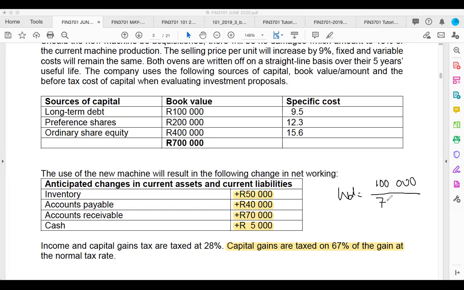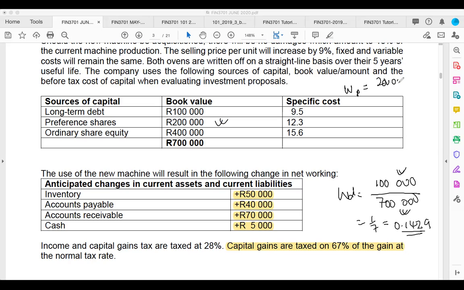Sometimes you're told to use market values. And then we divide the book value of long-term debt by the total book value of all the assets. If we simplify this, we get 1/7. And 1/7 can also be written as 0.1429, right?